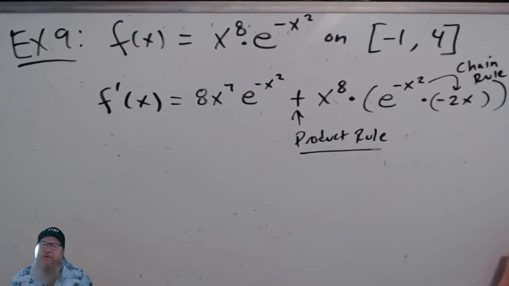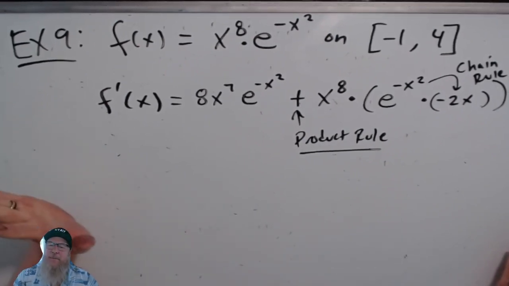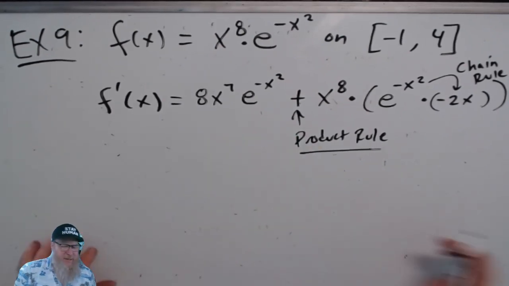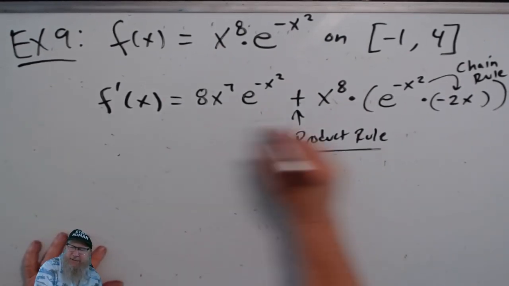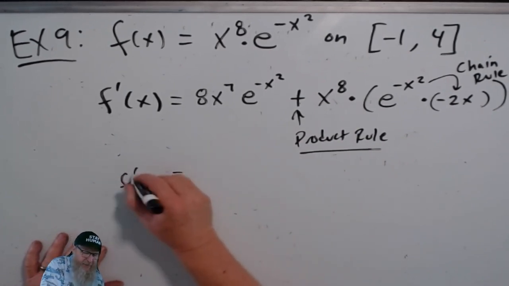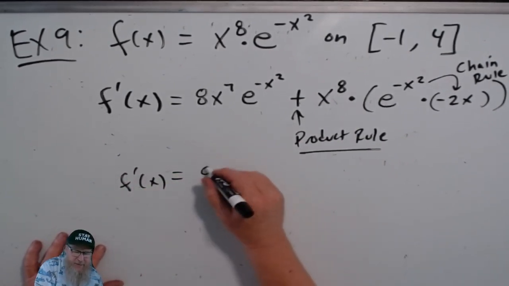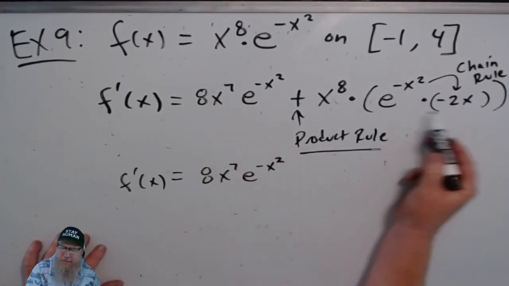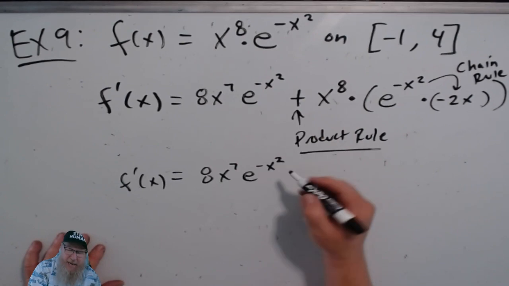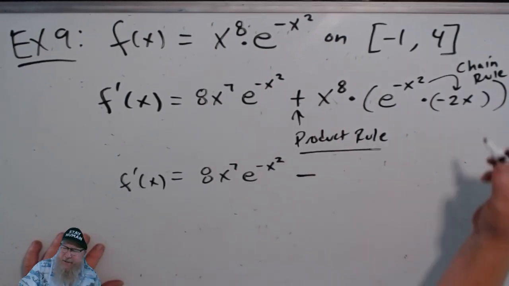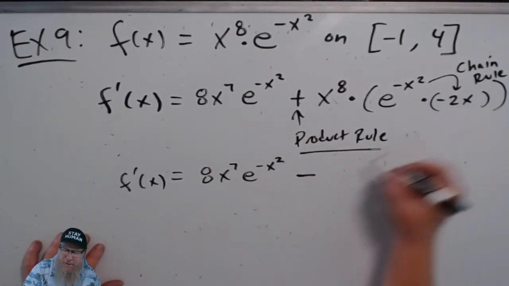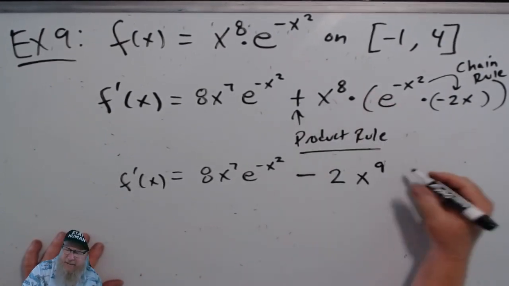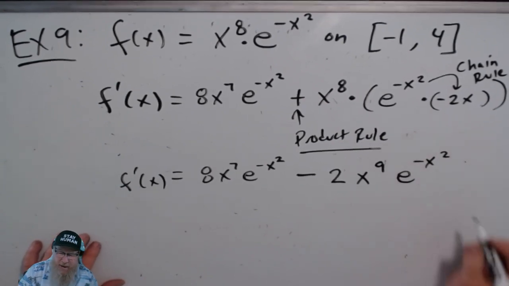All right. We haven't used those at all in this lecture. We've had just easy polynomials. So this is like the worst it could possibly get. And so now we're going to set this thing equal to 0. Let's clean it up a little bit. There's not much we can do with the first one. The second one, this negative and this positive will make negative. That's 2x to the 9th, and then e to the negative x squared.